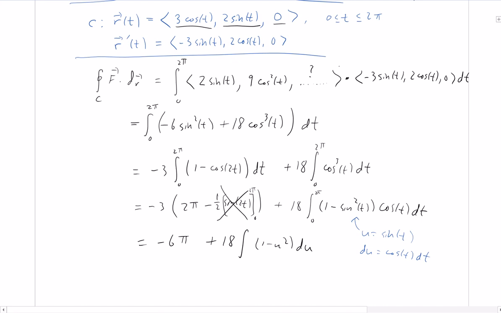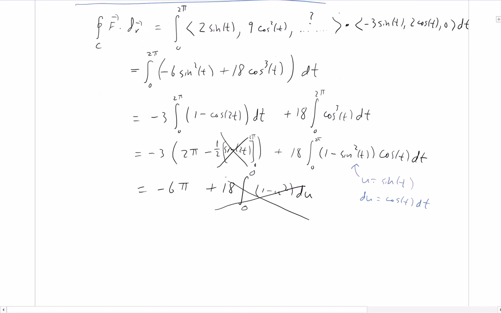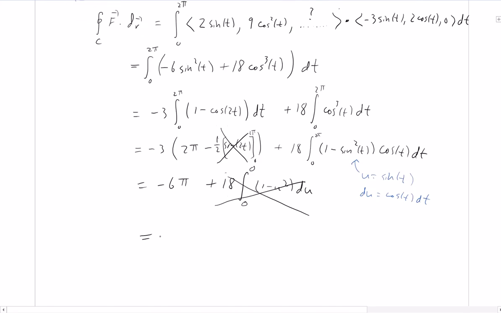But now let's think, what are the bounds? When t is 0, u is sine of 0, which is 0. And when t is 2 pi, u is sine of 2 pi, which is also 0. So in fact, this entire integral is just 0, because the two bounds are the same. So our final answer is just minus 6 pi.